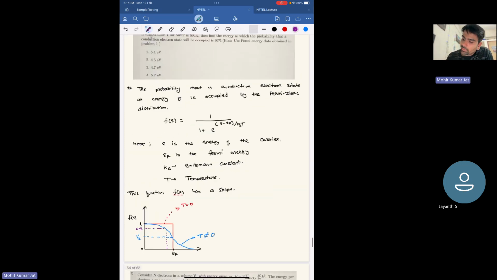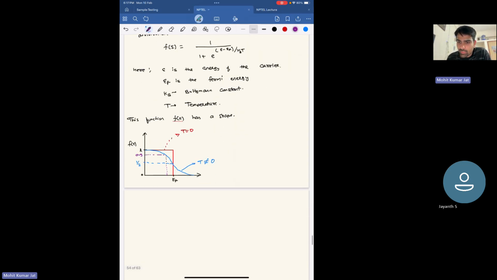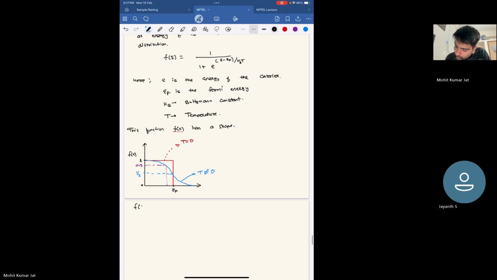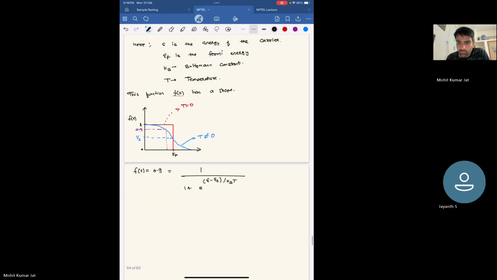So let's just solve it. Now it's just mathematics. We know that F(E) they are saying to be 0.9. F(E) is 0.9, which equals 1 upon 1 plus e to the power (E minus Ef) by kBT. Now let's do a little bit of math.